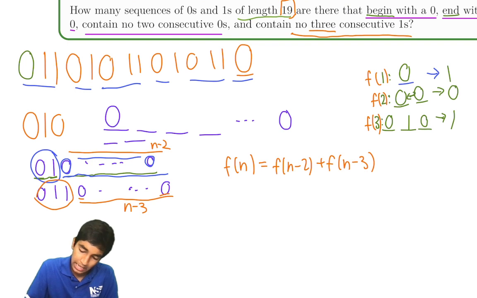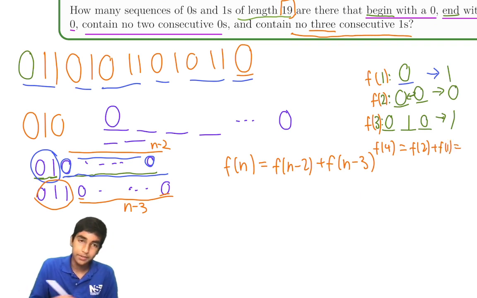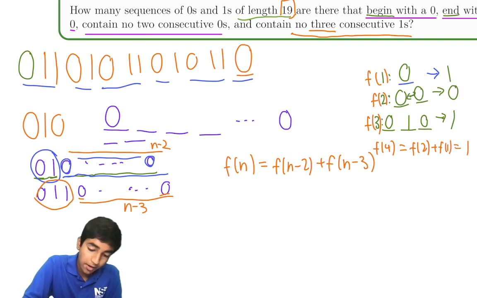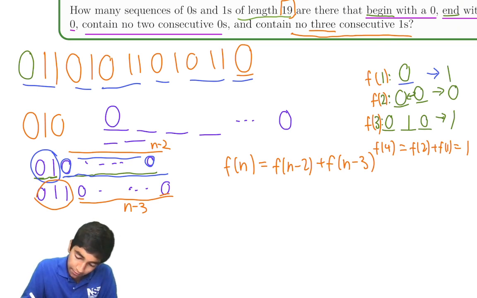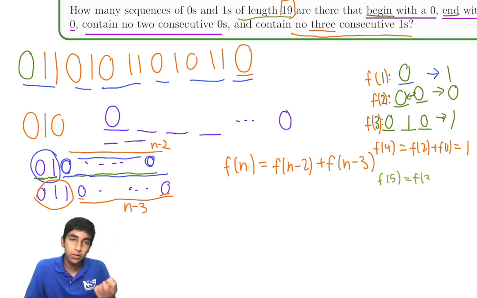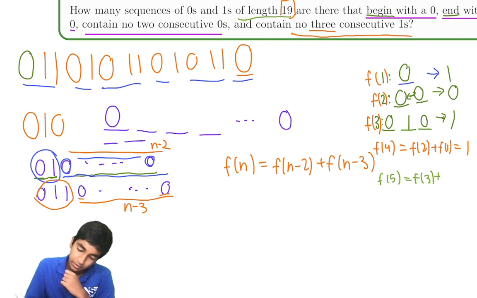So f of 4 will be f of 2 plus f of 1, which is equal to 1. F of 5 is f of 3 plus f of 2, right? 5 minus 2 is 3, 5 minus 3 is 2. Is also just 1.